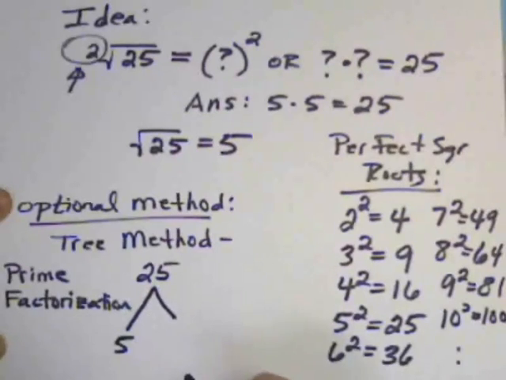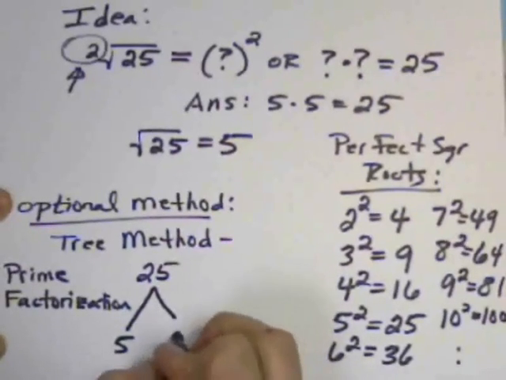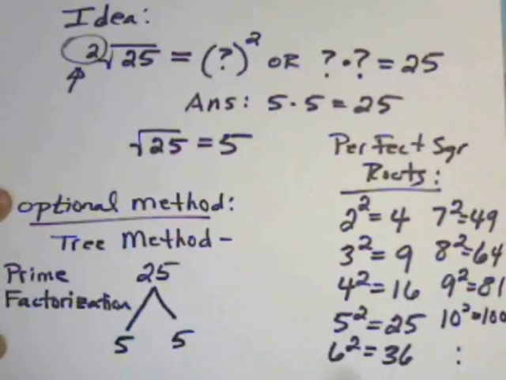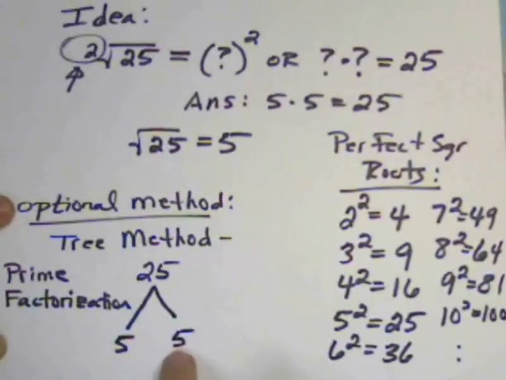Sure, 5. 5 times what gives me 25? 5. The next thing I ask myself is, can I break this 5 up more? No, they're both primes, so I stop here. At this point, these 2 5s make up our 25. So 25 is equal to 5 times 5.